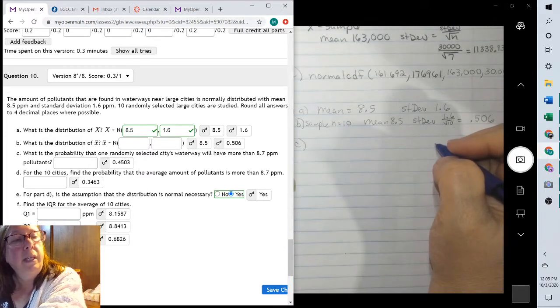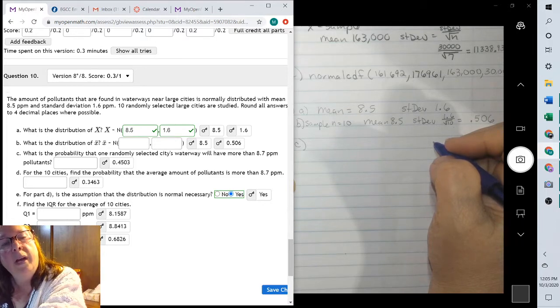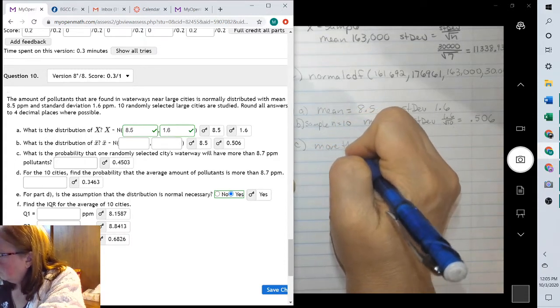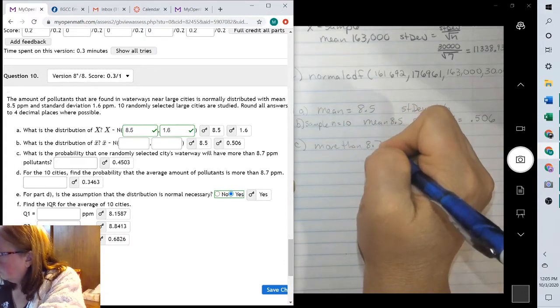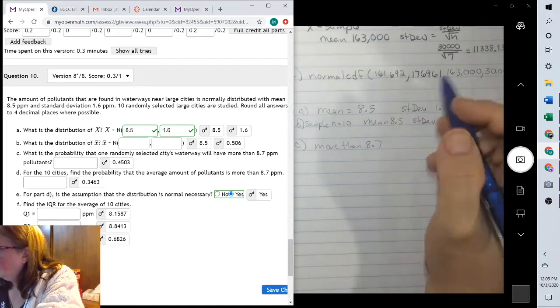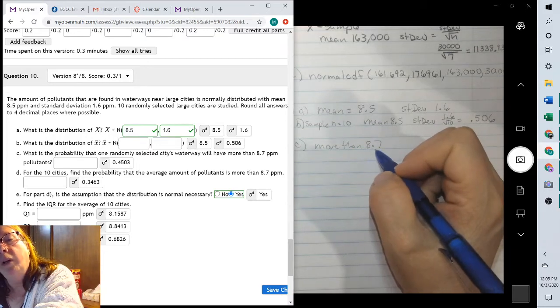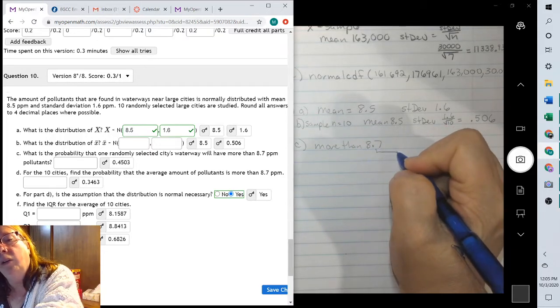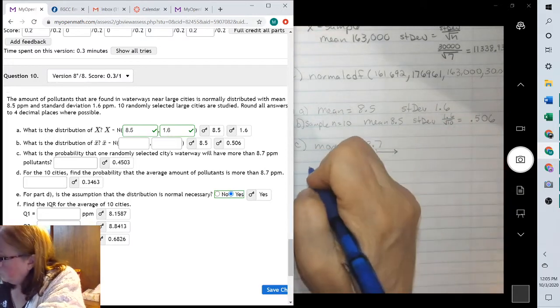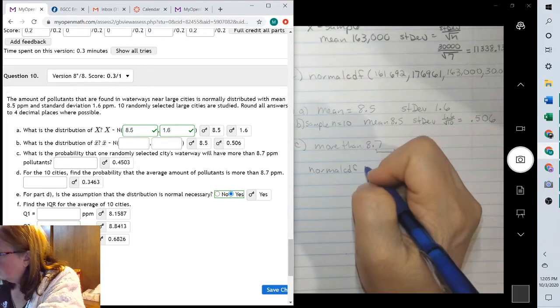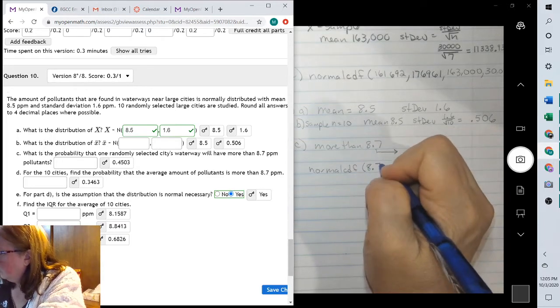For part C, it says, what's the probability that a randomly selected city waterway will have more than 8.7? So we will use the same normal, but notice they're only giving us one value. We want from this value and larger. So when we use our normal, our lower value is 8.7.